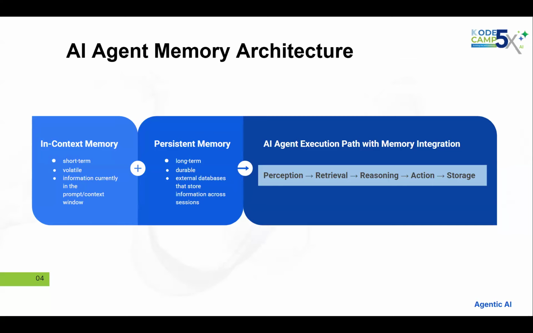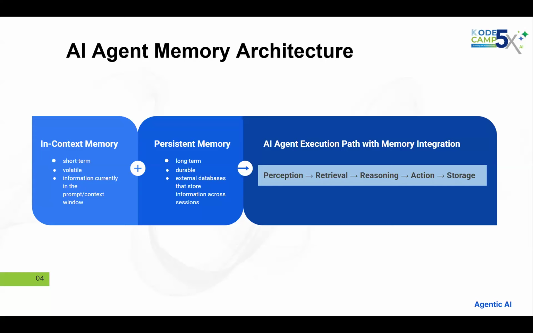It's short-term in that it exists just while the LLM is processing, and volatile in that it doesn't persist. Once you finish processing, it's gone. It's just the information that is currently in the context window, the information in the LLM prompt. Once it finishes processing that prompt, it's gone. So it's volatile and short-term.